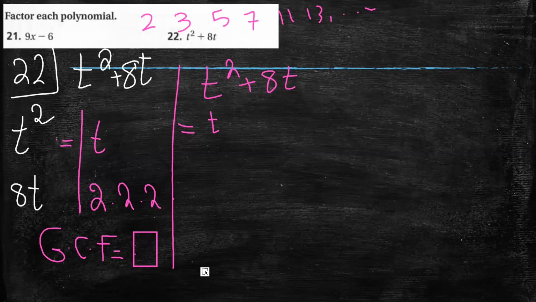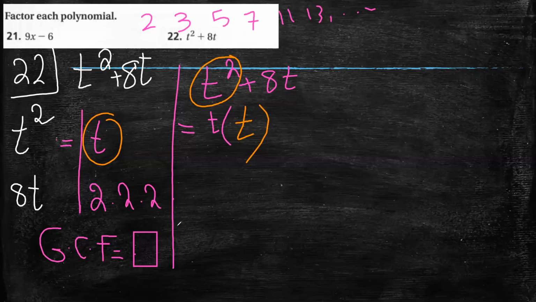Then go back to the first term. If I took t from the first term, what is left? Look at the first term, we have t squared. If I remove the t, what is left? T. Then plus 8.